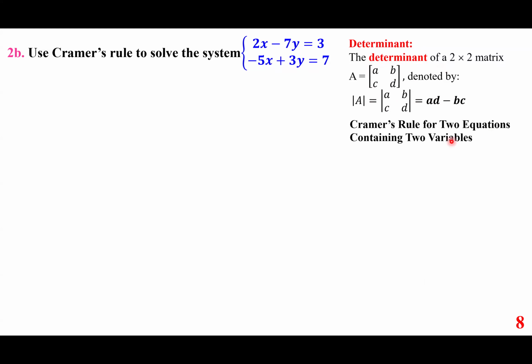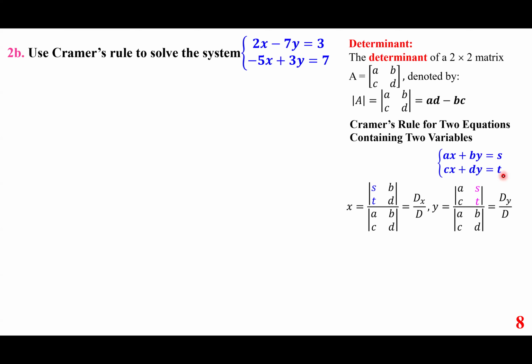Now, Cramer's rule for a system of 2 by 2, where we have ax plus by equals s, cx plus dy equals t, and then x is D sub x over D, y is D sub y over D. So I want to explain what each one is. I want to start with the D matrix, which is the coefficient matrix, A, B, C, D. I want you to pay attention to D for now.